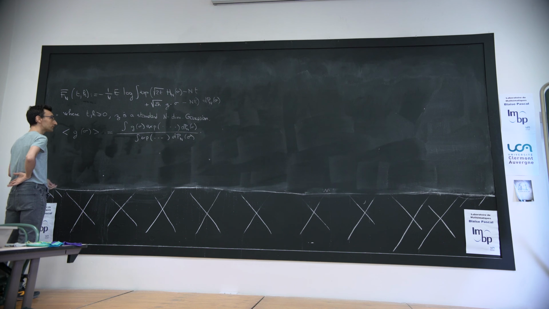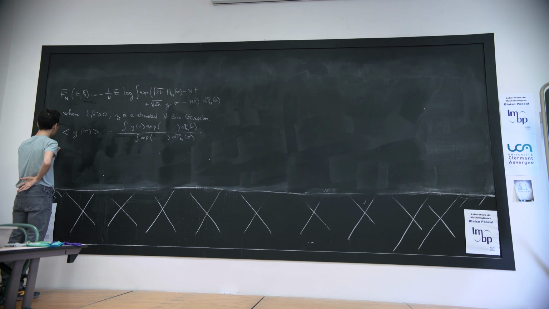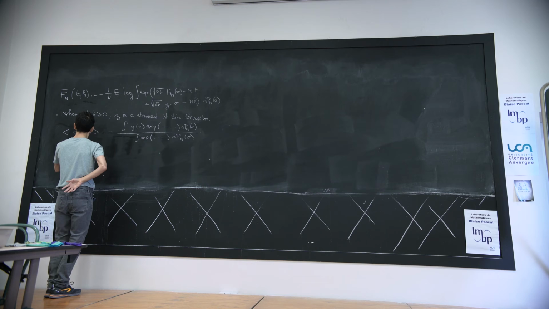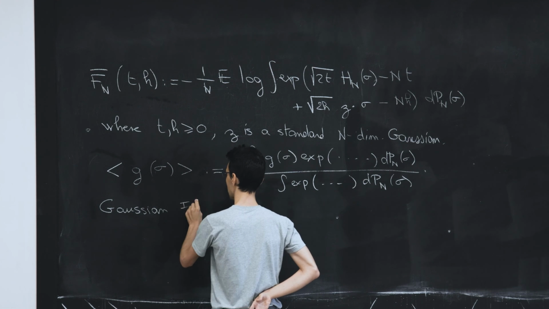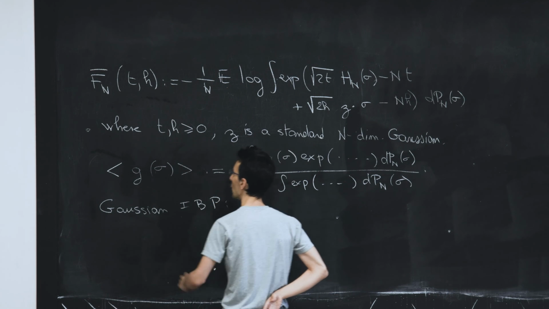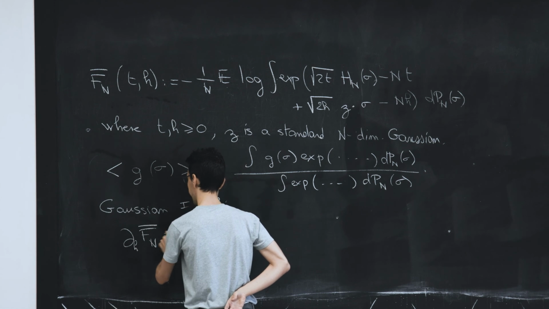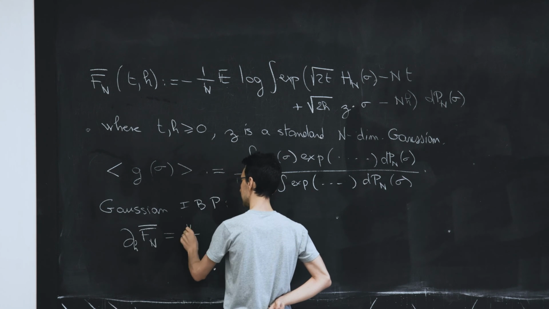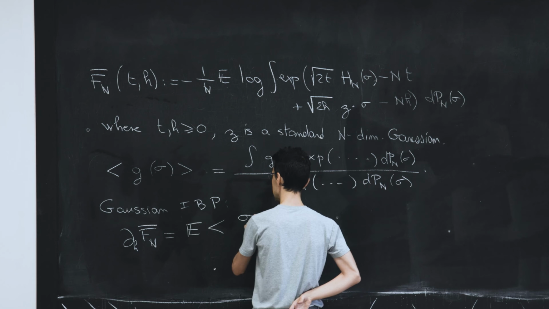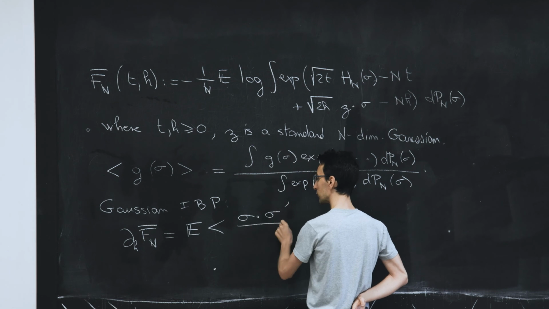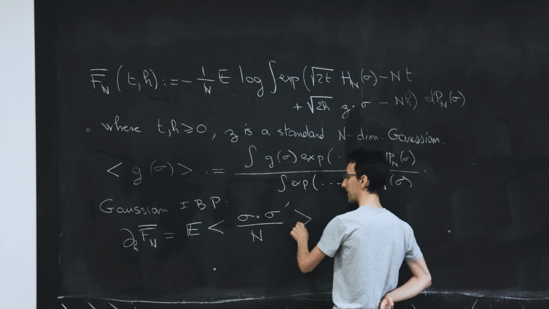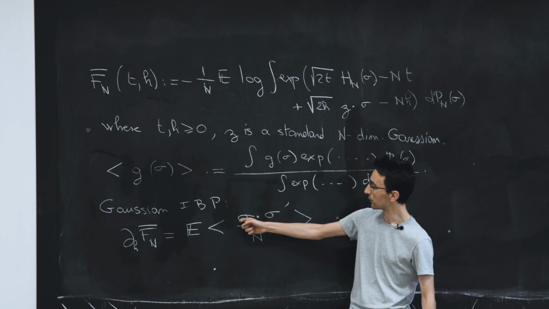Okay, so if we do this calculation, let's say Gaussian integration by parts, we find that when I differentiate with respect to h, I get the expectation of this scalar product between two independent copies of this random variable sigma.